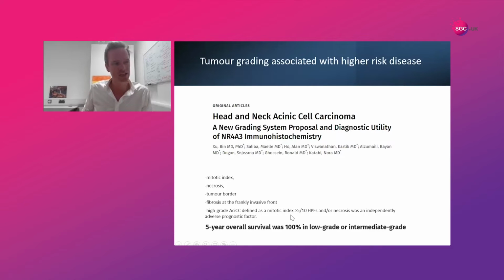And this mitotic index means the number of actively dividing cells. So if it was more than 5 per 10 high power fields, and/or there was necrosis, so dead tumor, then either of those they described as being associated with higher risk behavior in their own right.